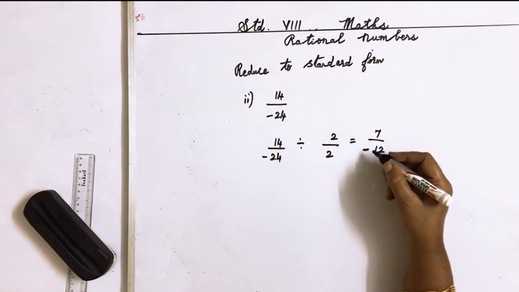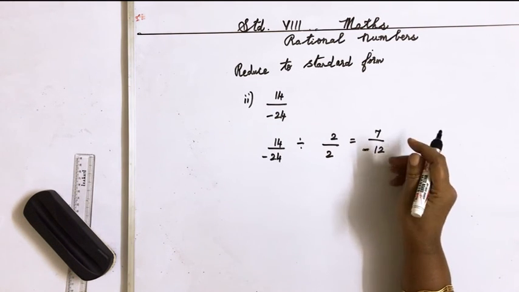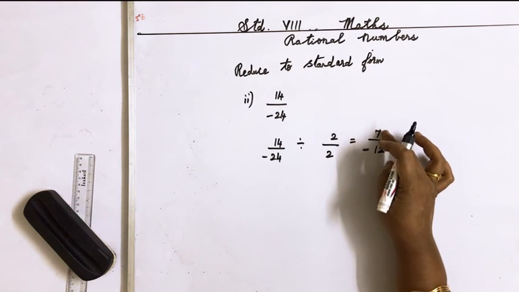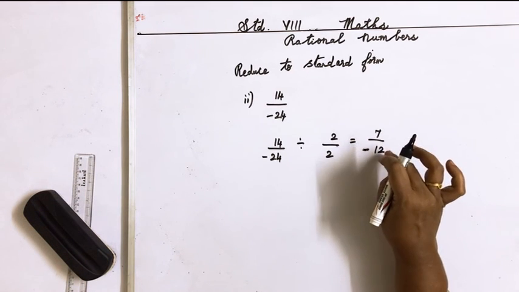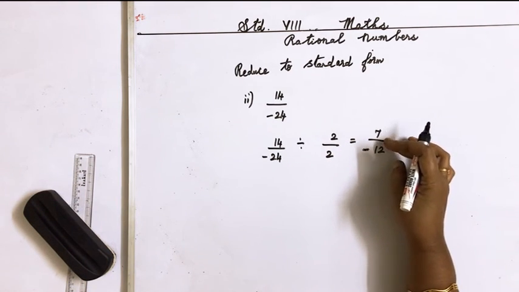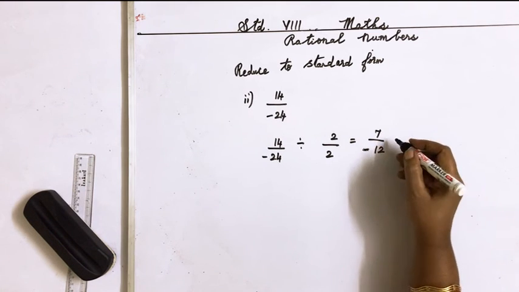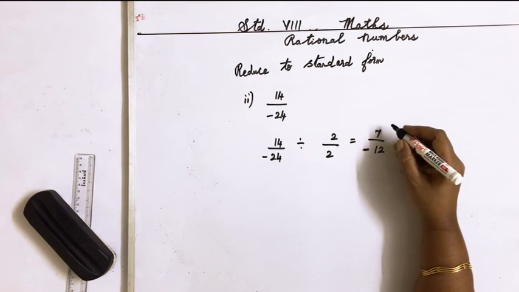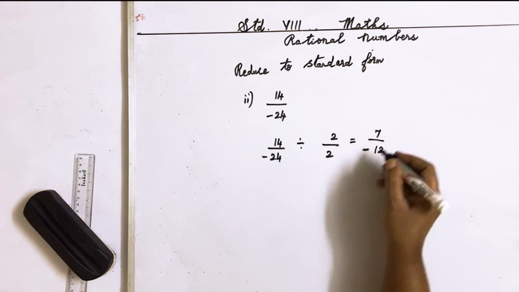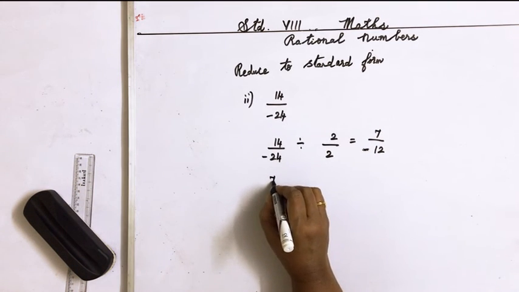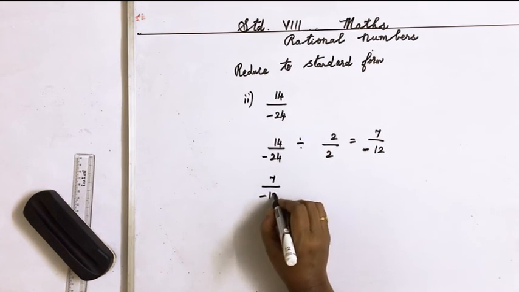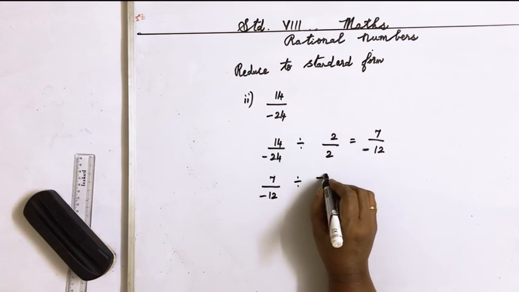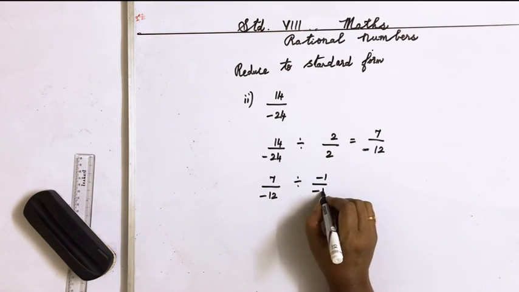So we have to take out the minus sign. For that we should divide both numerator and denominator by minus 1. Why are we dividing by minus 1? If you divide by 1, the number will not change. So 7 by minus 12 divided by minus 1 divided by minus 1.